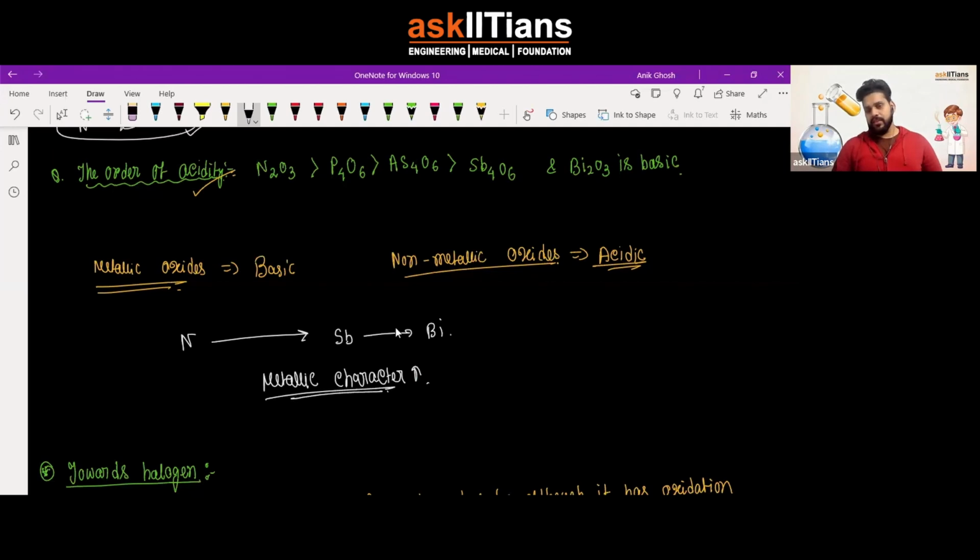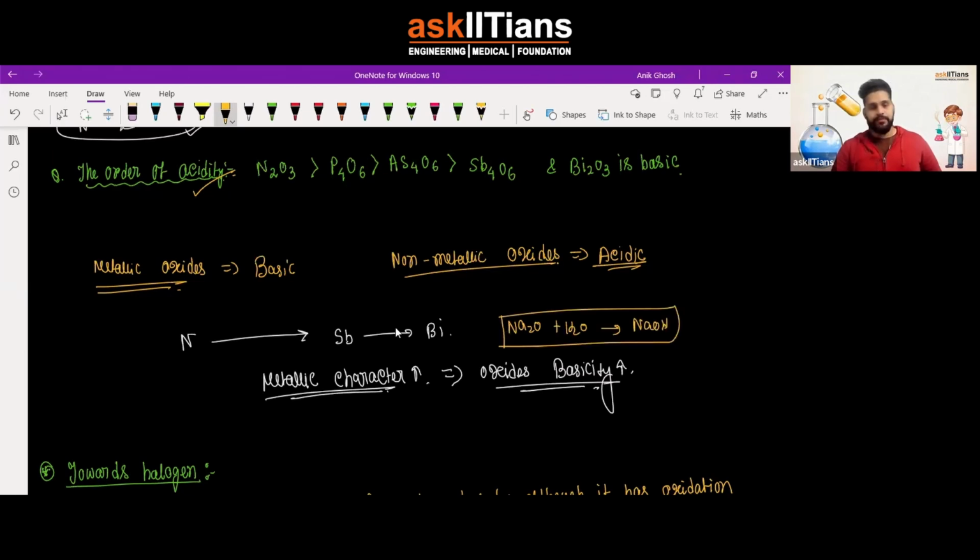If the metallic character is increasing, then the oxides' basicity increases. Because you can clearly understand, let's say we are talking about Na2O. It's a metallic oxide, right? When you dissolve it in water, you get NaOH. So metallic oxides are basic in nature. The more you go down the group towards being more metallic, the more basic it is in nature as well.